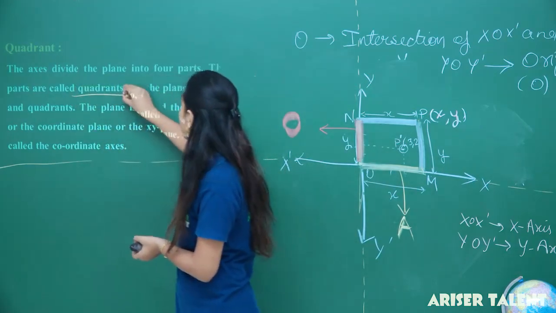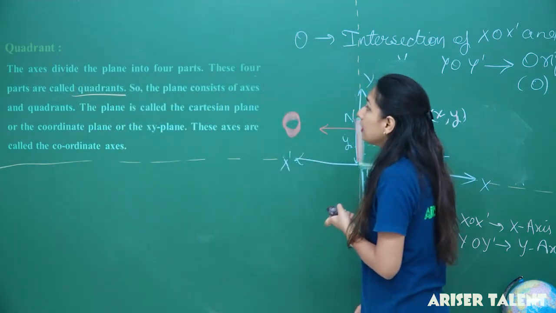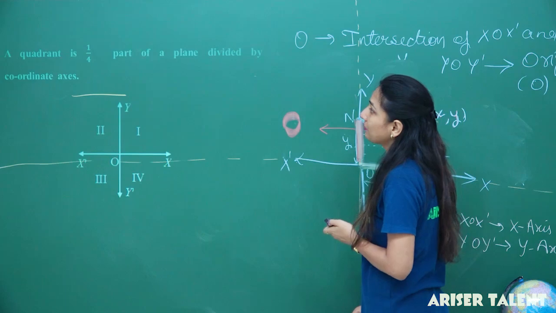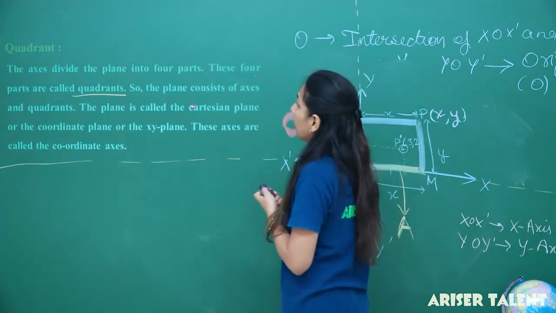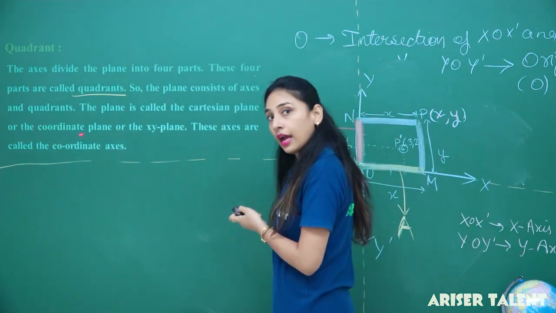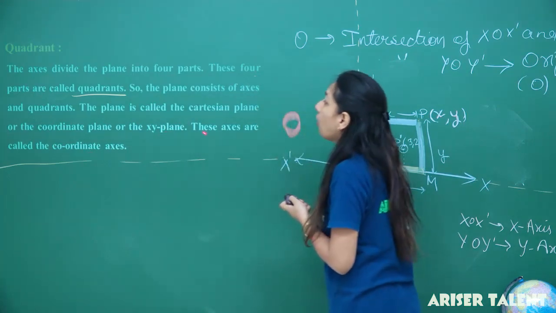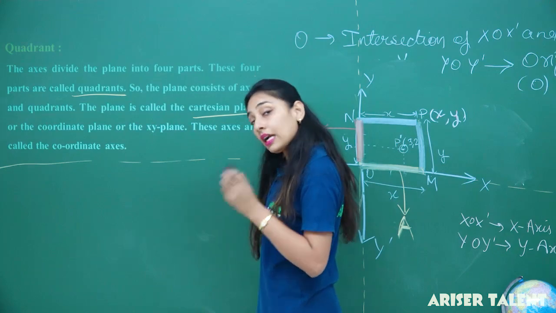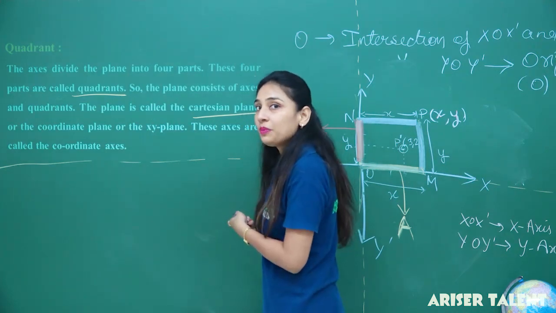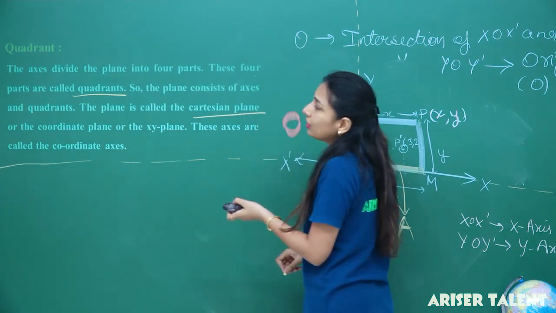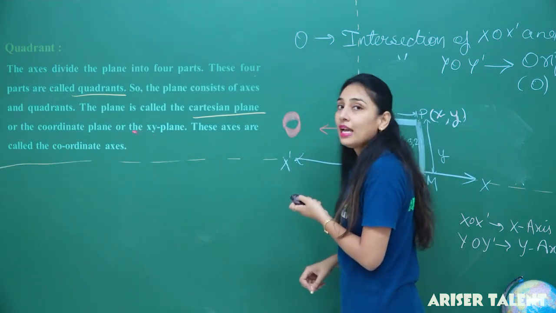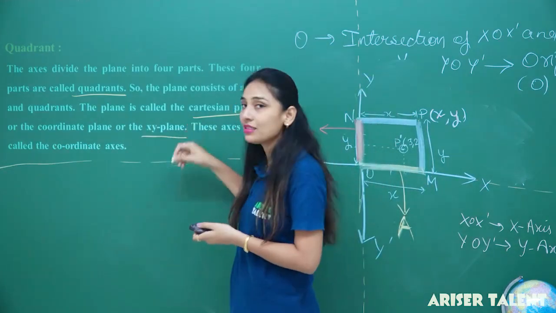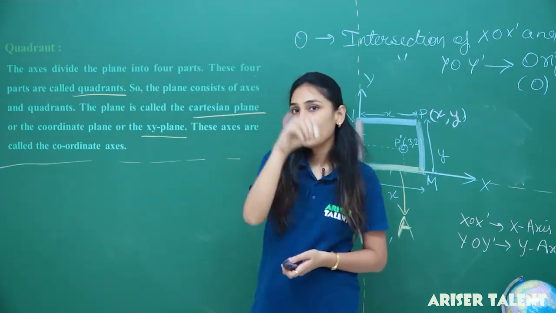This is important. The plane consists of axes and quadrants. The plane is called the Cartesian plane, or the coordinate plane, or the xy plane, because we have taken the x-axis and the y-axis.